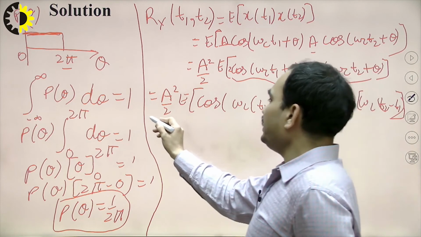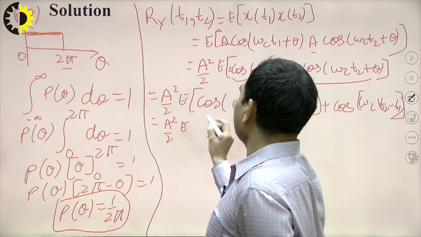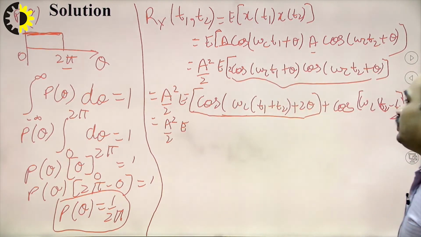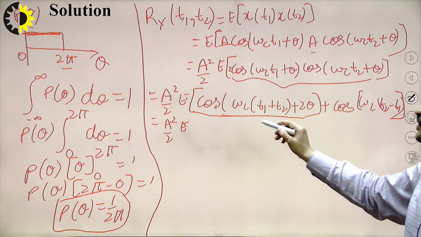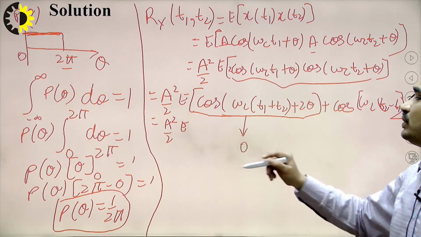So we can expand it as A squared by 2 times the expectation of the first function. Now when we put the limits from 0 to 2 pi, this function will be equal to 0, because it has 2 theta.